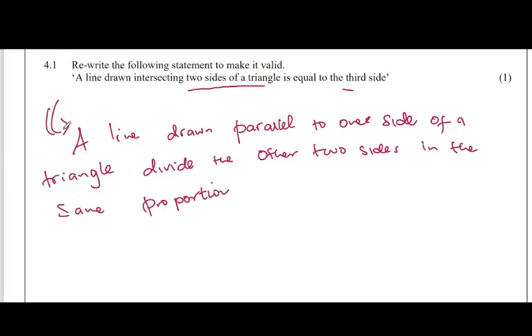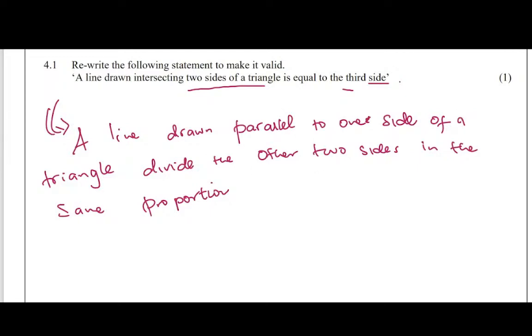So that is how the writing was meant to be done. So now the statement is valid: a line drawn parallel to one side of a triangle will divide the other two sides in the same proportion.